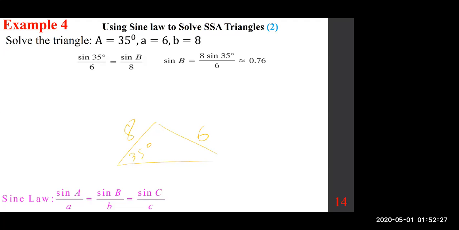All right, remember how we find B. Now, let me write it here for you. B is sine inverse of 0.76.